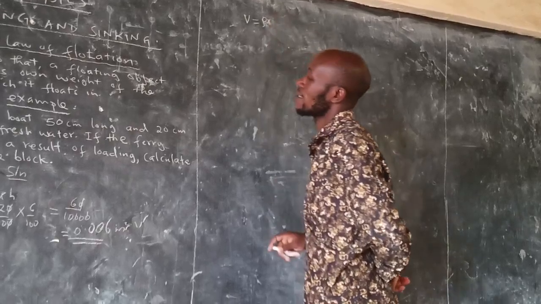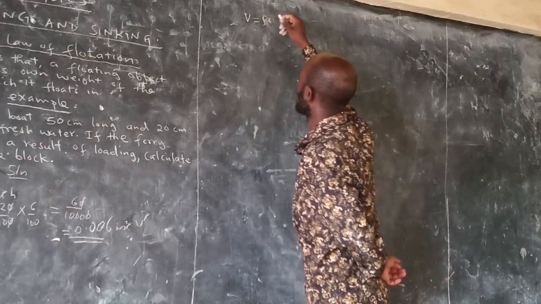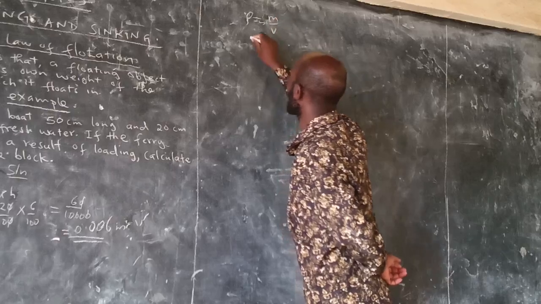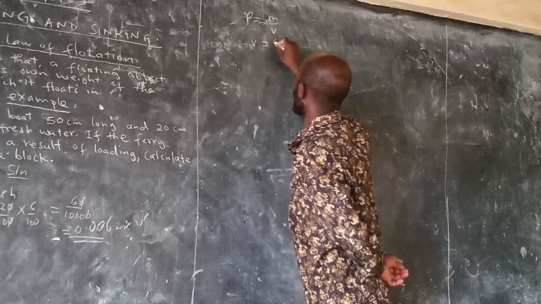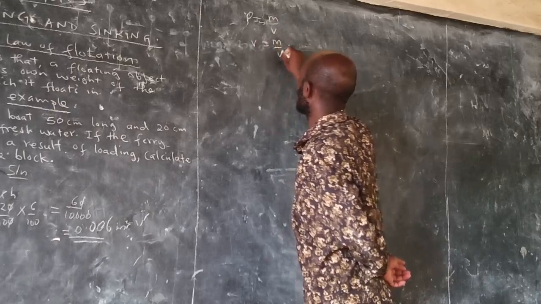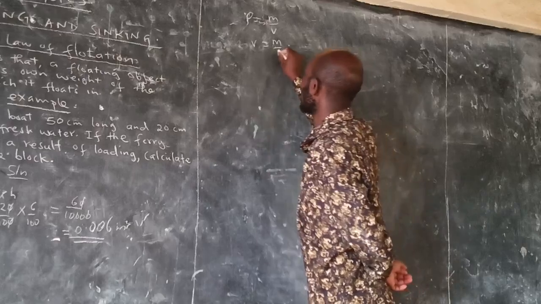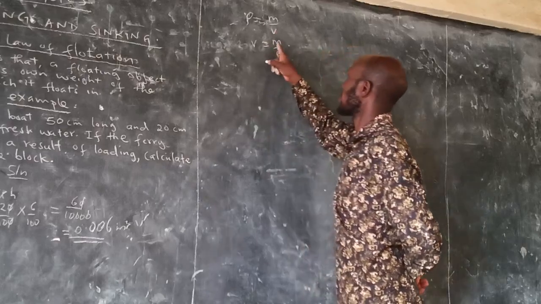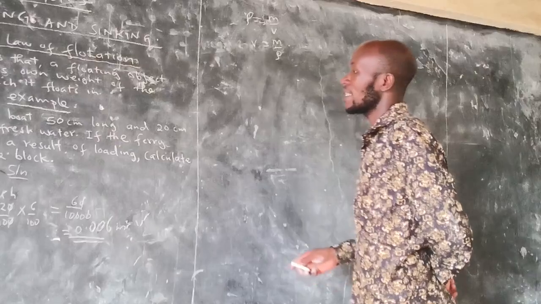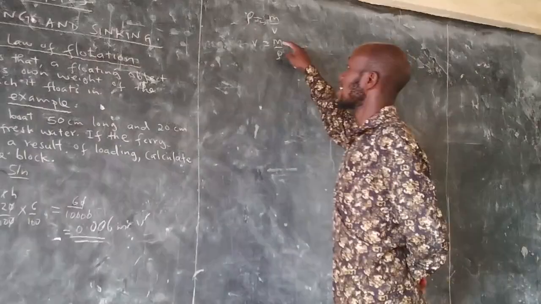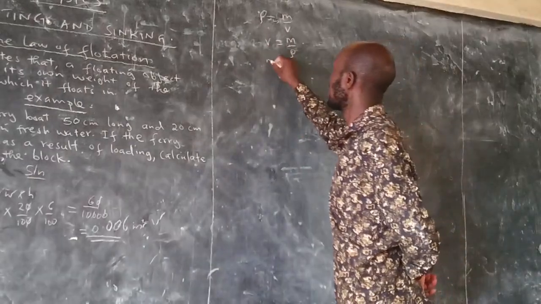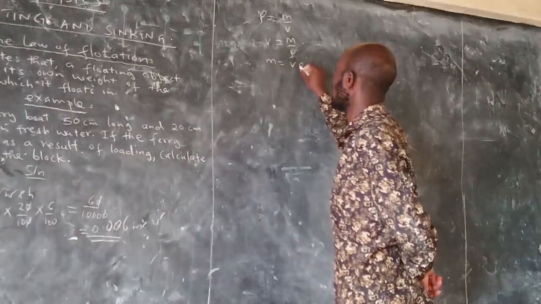Density is given by mass divided by volume, and therefore volume will be given by mass divided by density. So in this case, what we need is actually mass, so that we use this mass to get the weight. And therefore, we can cross multiply here. Mass will be given by volume times the density.